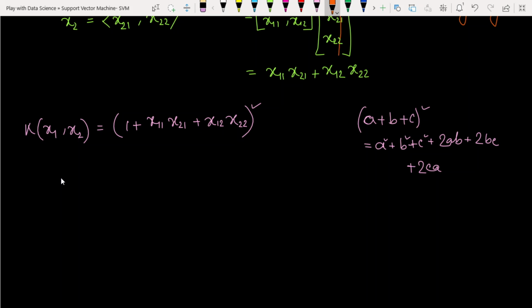So now what will our equation be converted to?